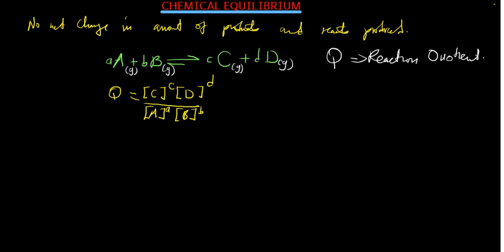At such a point, we've reached equilibrium. And so at the point of equilibrium, the reaction quotient becomes equal to K, which is the rate constant or equilibrium constant. And so we are saying at equilibrium, Q is equal to K.